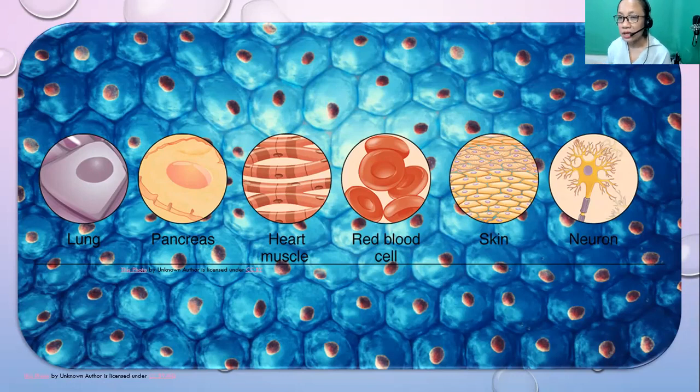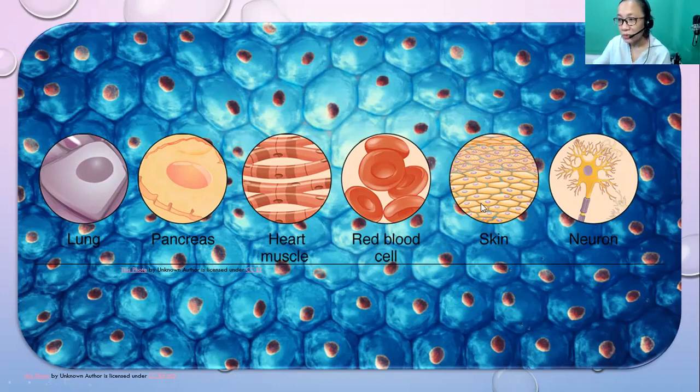So isipin natin, or tanggapin natin sa ating understanding that each cell has to balance their own set of nutrients. So if the nutrients in a lung cell or in a lung tissue is not balanced, there will be an occurrence of certain condition, and so on and so forth.